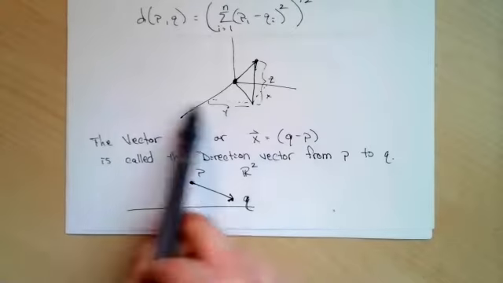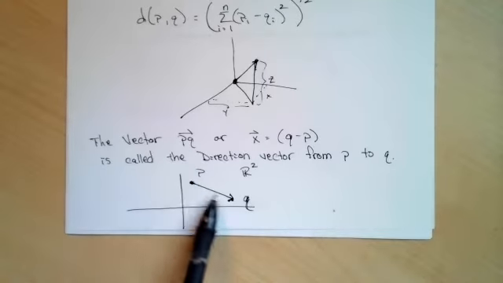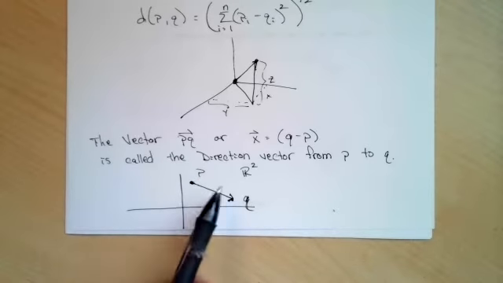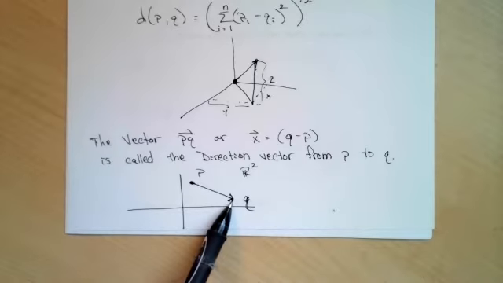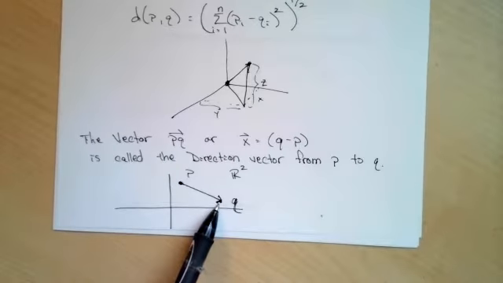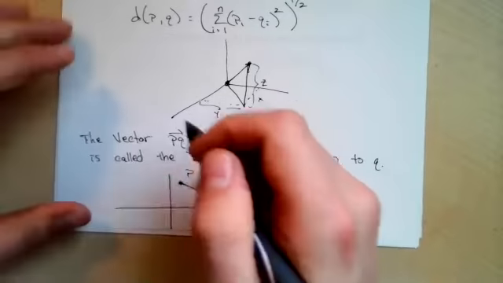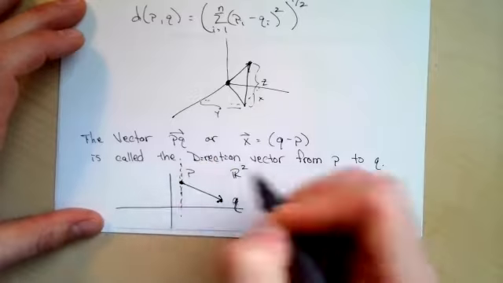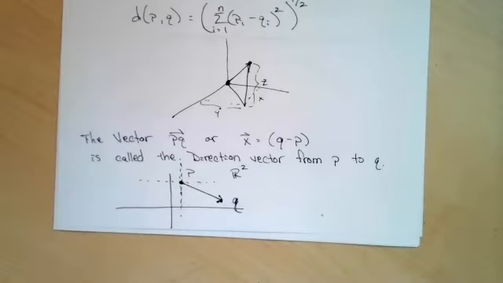So usually when we're working in a geometric space, we have some sort of reference point that we care about. So in this case, if we have points P and Q, and we want the directional vector starting from P, ending at Q, geometrically, well, we want the vectors to start at P. So what's going on here, which is often hidden from textbooks, is that there's almost an extra copy of R2 over top of the plane.